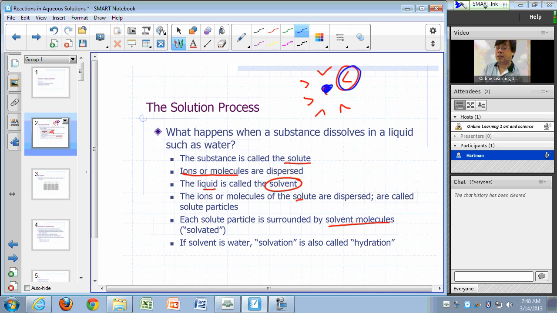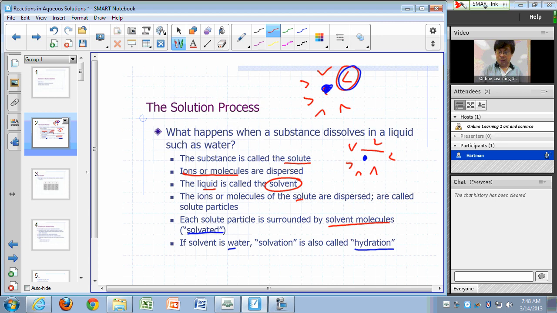Okay, so the process of surrounding an ion or a molecule by solvent molecules is called solvation. So we say your ion or your molecule is solvated. And if that solvent happens to be water, then the solvation process is also known as a hydration process. So hydration refers to this process where an ion or a molecule is surrounded by water molecules.